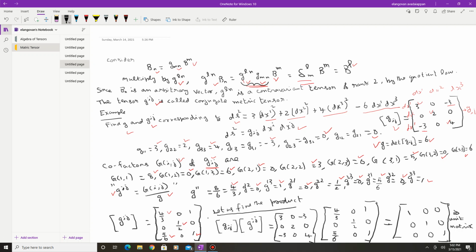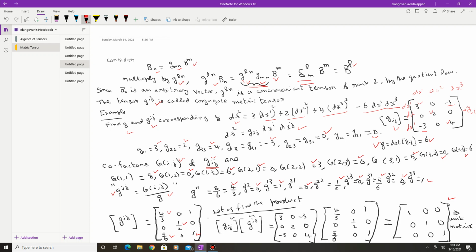So you substitute the Gij values here. You already know the covariant components, which are given. The contravariant components we have now evaluated. If you multiply these two matrices, the result will be a unit matrix.